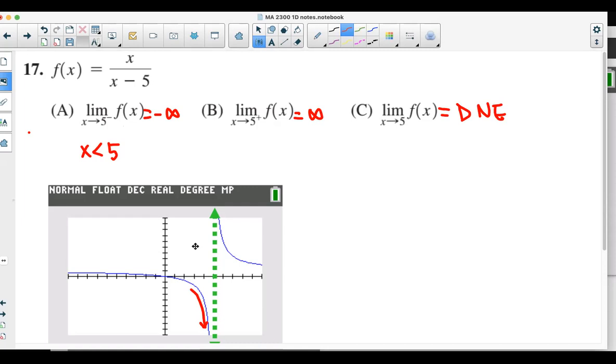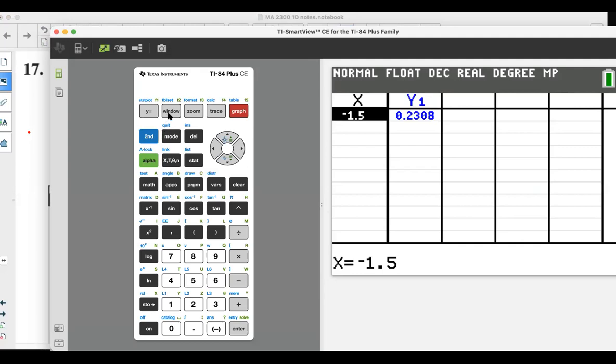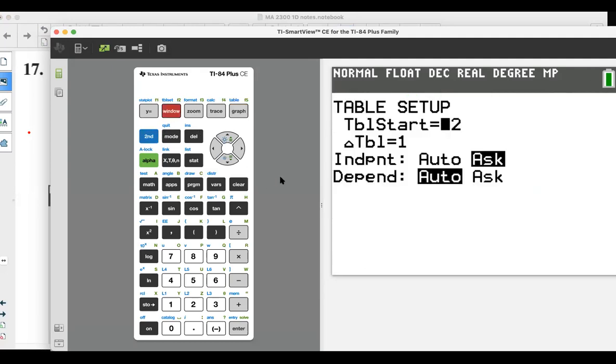Another way for you to do it is by plugging in the numbers. I'm approaching 5, but x has to be less than 5. So let me try to show you that a little bit using the calculator. Normally, if I go to the table of values, let me just change this one a little bit.